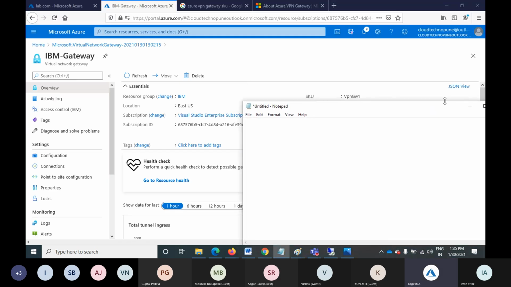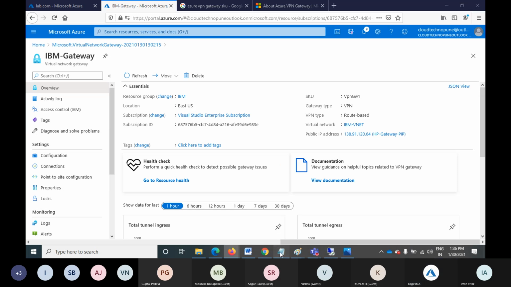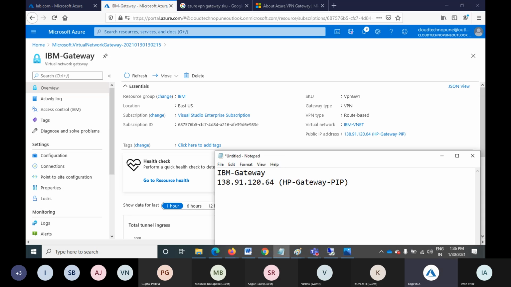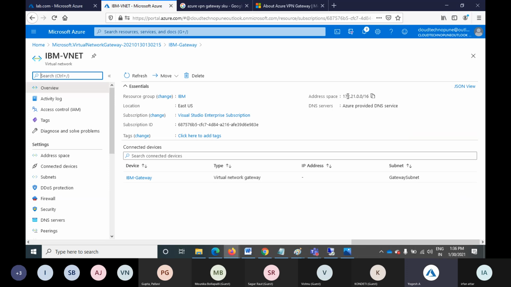This is the IBM gateway, and this is the public IP which Microsoft is offering. And what is the local network, meaning the backend network which we are using in IBM? This is 172.21.0.0/16.